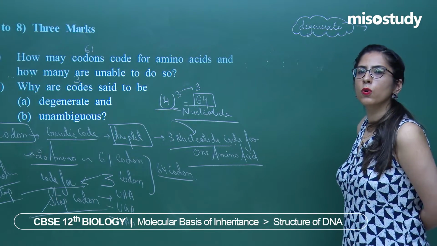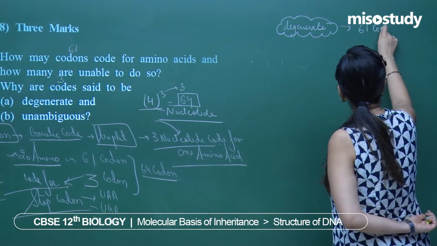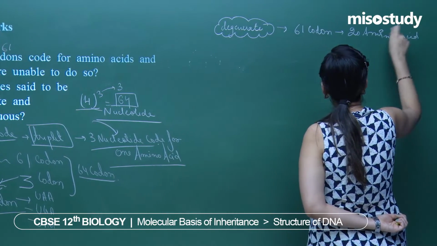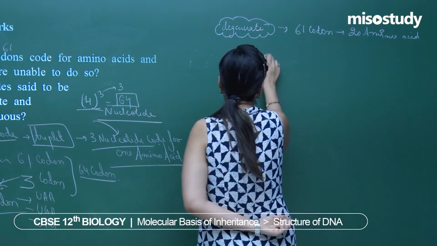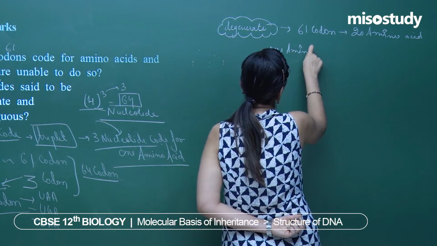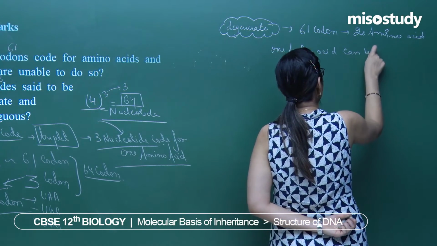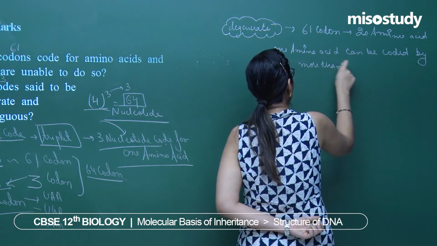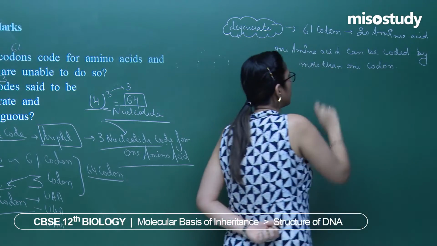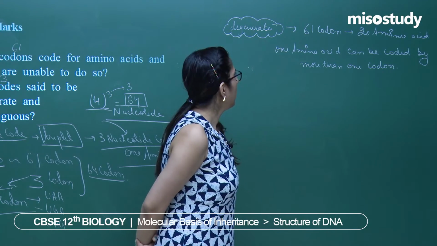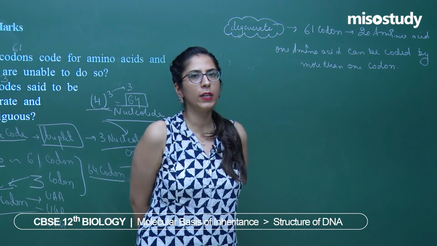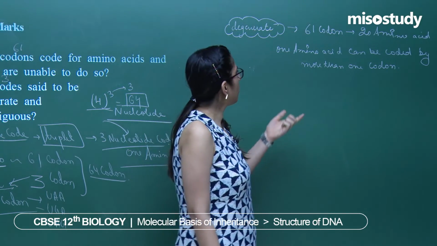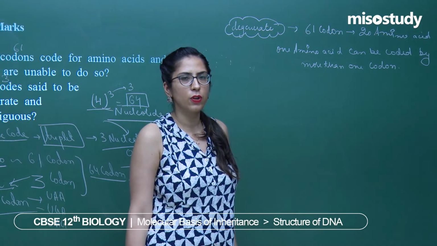Degeneracy means we have discussed that 61 codons are there, and these 61 codons code for only 20 different amino acids. So one amino acid can be coded by more than one codon. We call this the degeneracy of the genetic code. Because we have to code only 20 amino acids and we have more codons, one amino acid can be coded by more than one codon. This is called degeneracy.